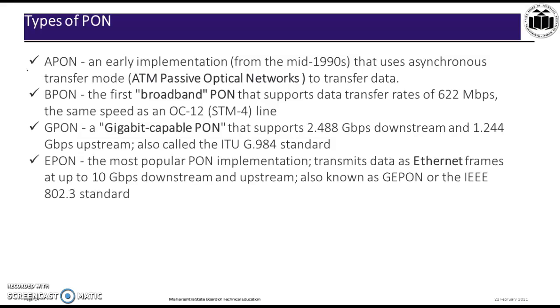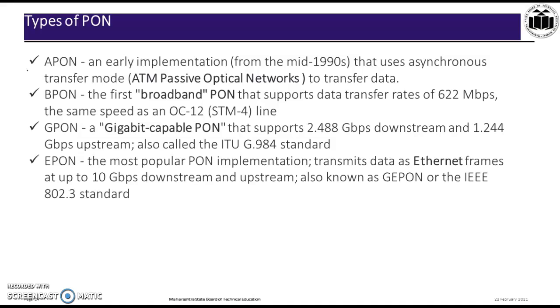Moving towards the various types of PON. APON, that is the ATM, asynchronous transfer mode, passive optical network. An early implementation that uses ATM to transfer the data. The second type is called BPON, broadband PON, that supports data transfer rates of 622 Mbps. The third one is the GPON, that is the gigabit capable PON, that supports 2.488 Gbps downstream and 1.244 Gbps upstream, also called the ITU G.984 standard.